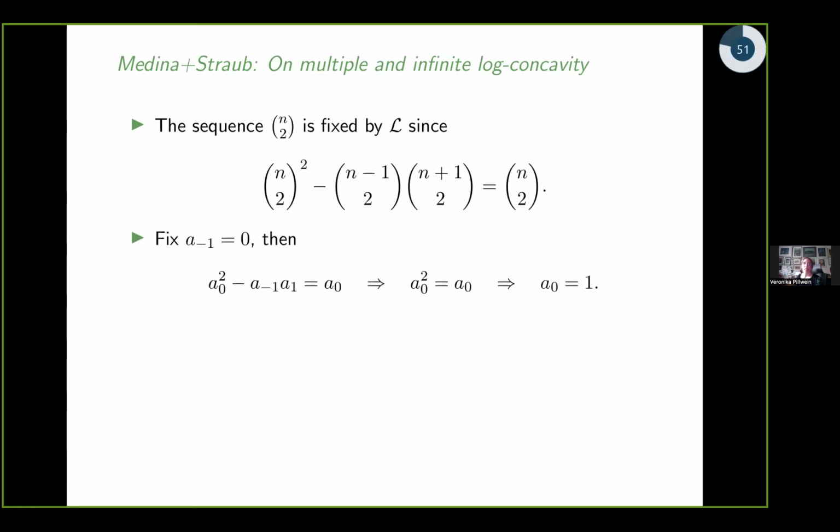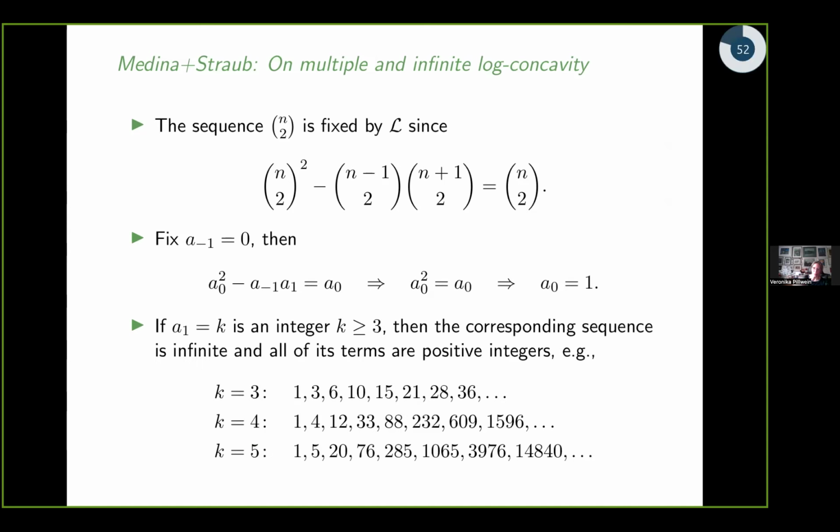And if you want to see which other sequences, then if you fix a_{-1} to be 0, which makes sense, then you get the condition that a_0 has to be 1, and then they wanted to have something of integer sequences. So if you choose a_1 equal an integer greater or equal 3, then the sequence that you get is infinite and all terms are positive integers.